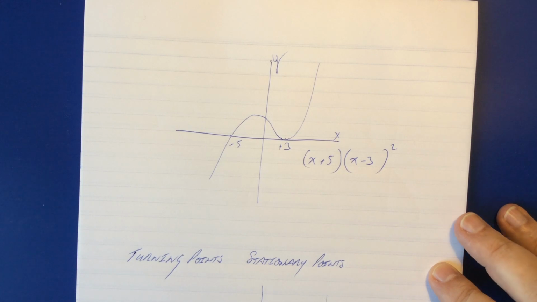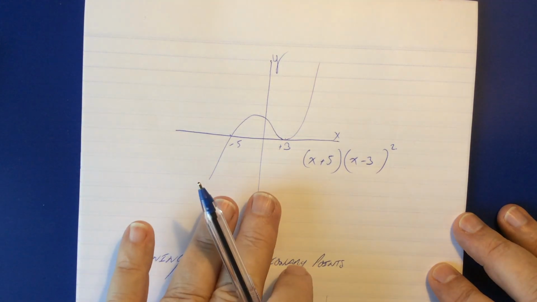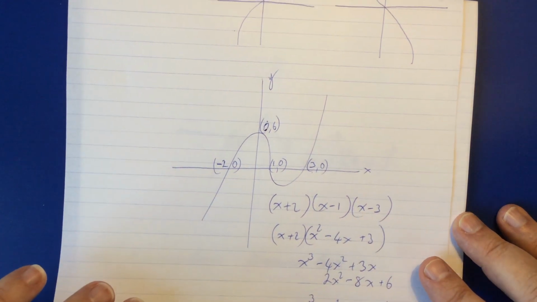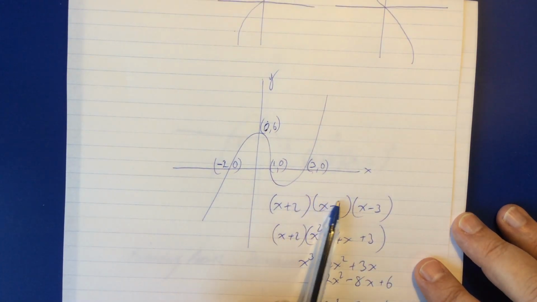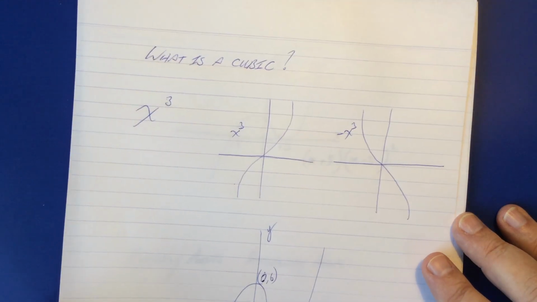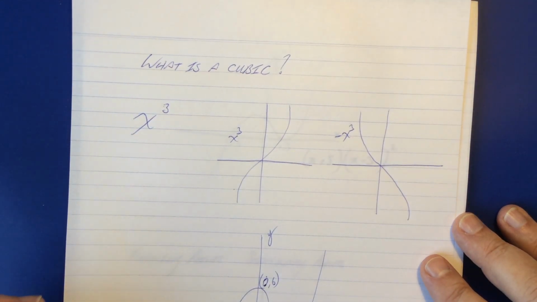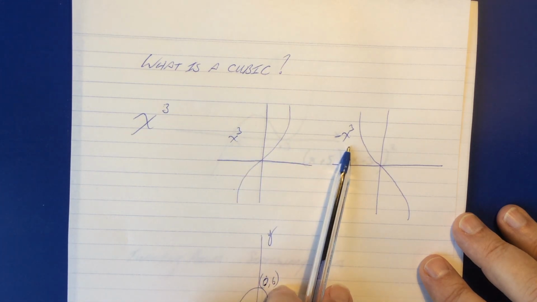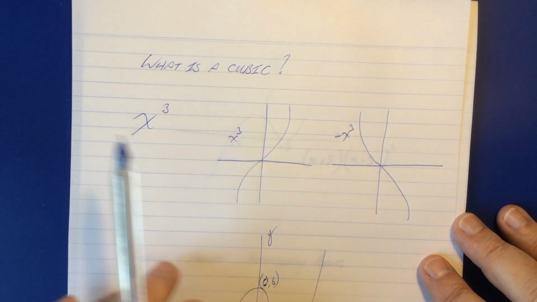But I just want you to see the difference between this and what we have here, where we have 3 distinct factors. And I guess going back to the beginning, where we have very, very simple cubic expressions, simply positive and negative x cubed.